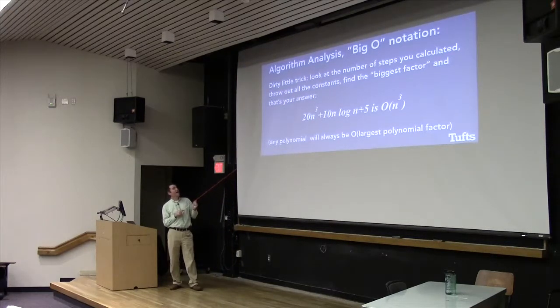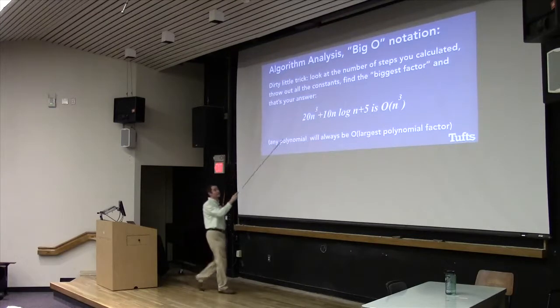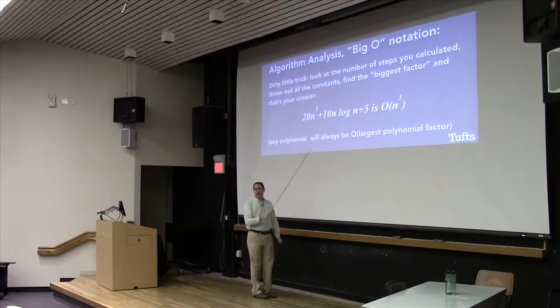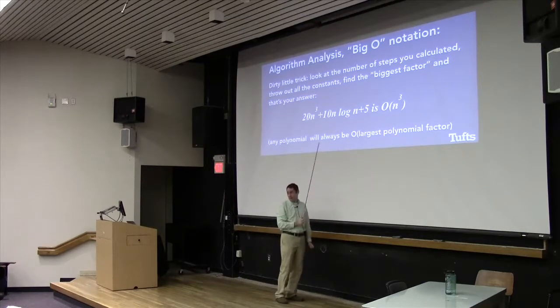So anyway, in this case, you throw out the constants. Then you start looking at which one's going to overwhelm all the others. Well, look, the 5 is not going to overwhelm anything. The n log n thing will not overwhelm the n cubed business, because n cubed is going to get bigger much faster than n log n.